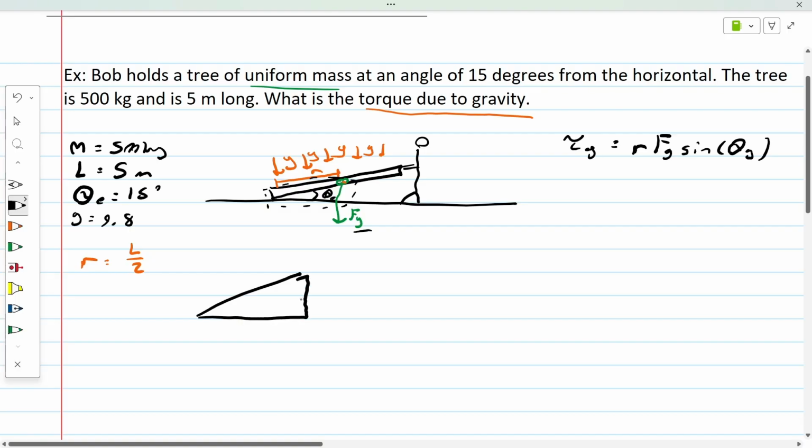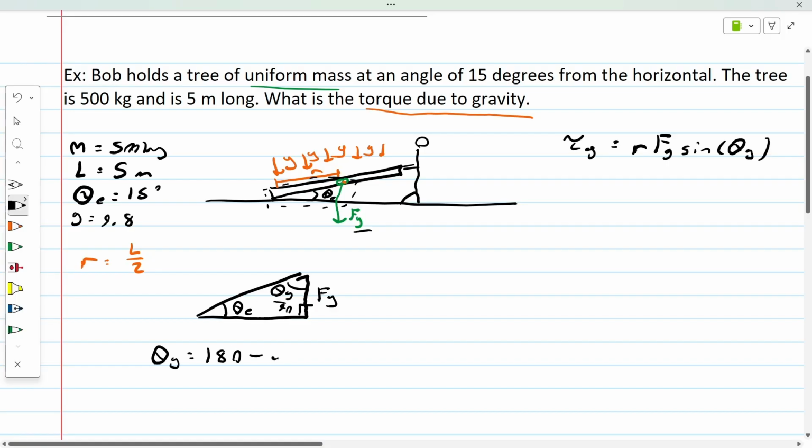So we know that the force due to gravity is this piece right here. This is the angle of the earth, and this is a 90-degree angle. We need this theta g right here. How can we get this? Well, we know the interior angles of a triangle equal 180. So if we sum up our angles, the total of the interior angles minus each one of these will give us that.